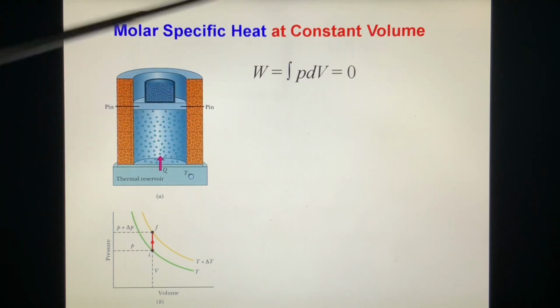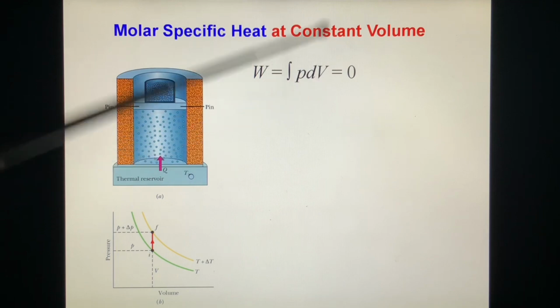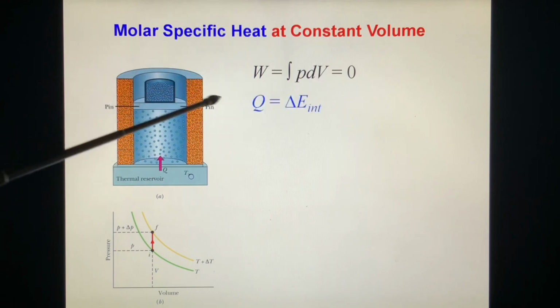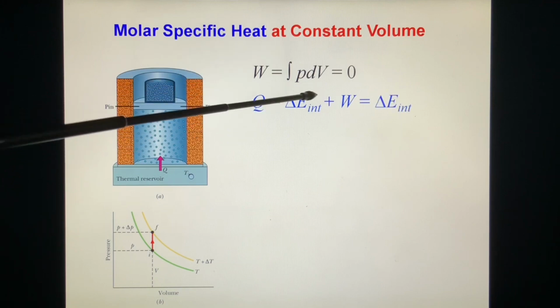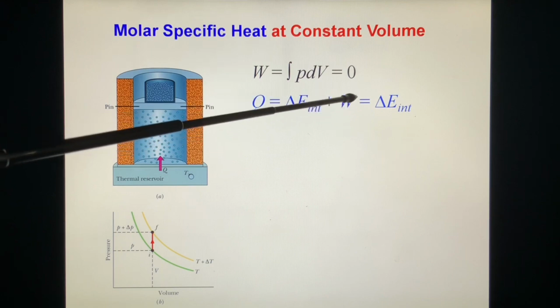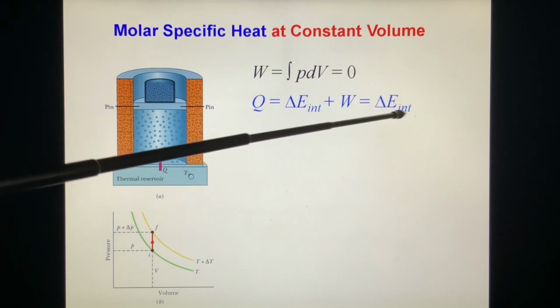We know that at constant volume, the work done by the gas is 0 because dV is 0. And from the first law, Q equals delta E plus W. W equals 0, so Q, the heat absorbed, equals delta E internal.